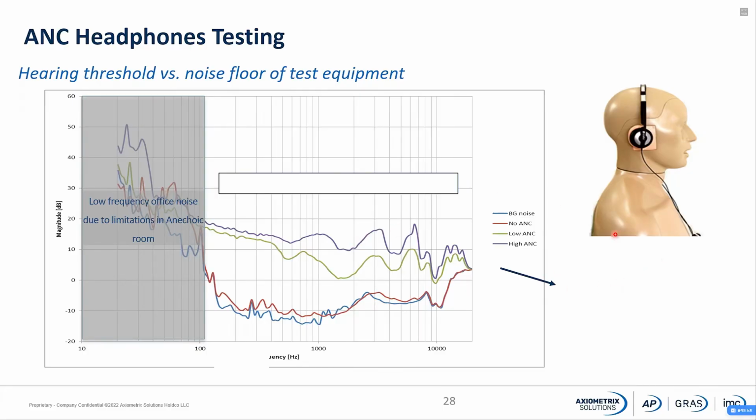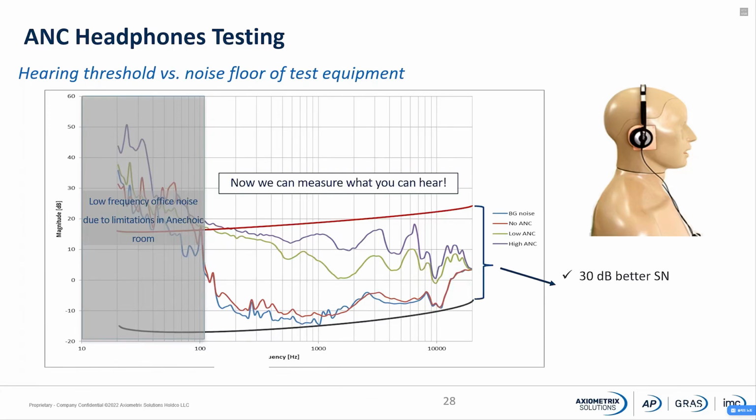There's no other signal in the test chamber. It's just turning on the ANC capabilities, and we just hear the hiss noise. We can measure the hiss noise thanks to the low noise ear simulators. This hiss noise, as we can see, is below the noise floor of a standard measurement system. But thanks to the low noise ear simulator from GRAS, we have a 30 dB better signal to noise ratio, and we are able to measure this self noise of the ANC circuit. So now we can measure the signals that we can hear.